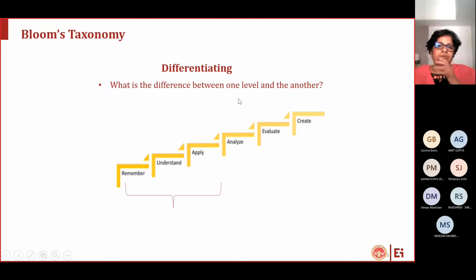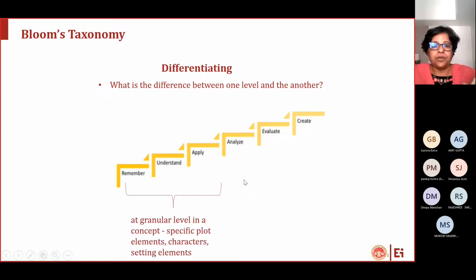We can divide these skills into 2 big buckets. One where you put remember, understand, apply in one bucket, where you are understanding a concept at a granular level. Suppose you're testing reading comprehension.